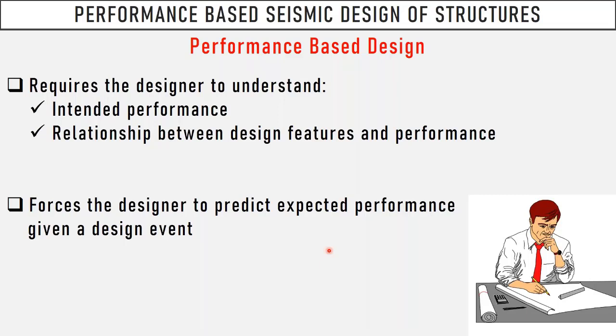And of course, they are forced to predict the expected performance to a given design event. And since the classical design is based on just one seismic level, but as a performance-based engineering application, we should consider different levels and different behaviors.